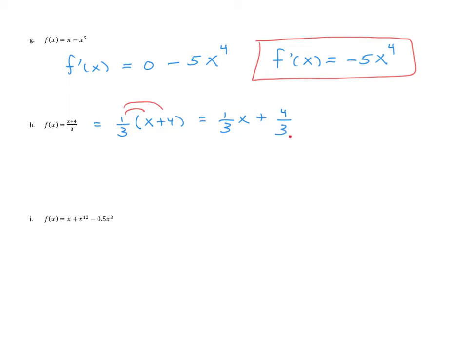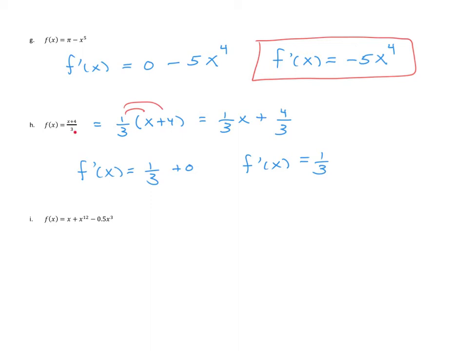Written this way, it's very easy to see that 4/3 is a constant, its derivative is 0. Here I have a number times x, and the result will just be the number that is in front of x. So you could write this as the derivative is equal to 1/3 plus 0, or simply the derivative is a third.